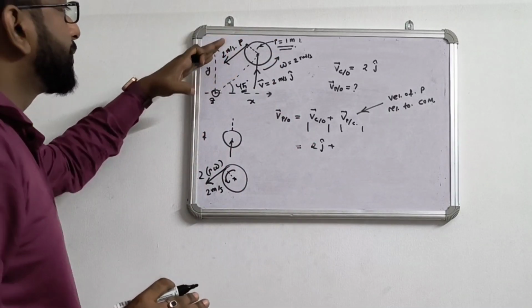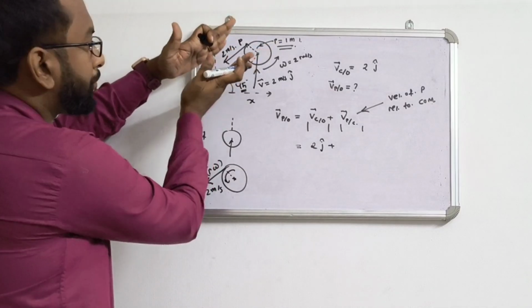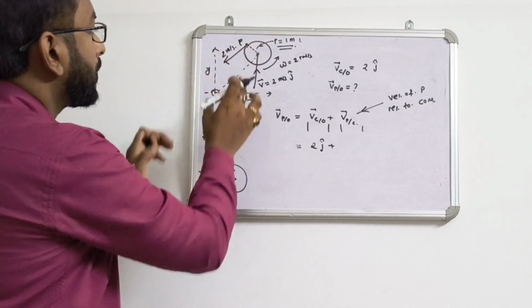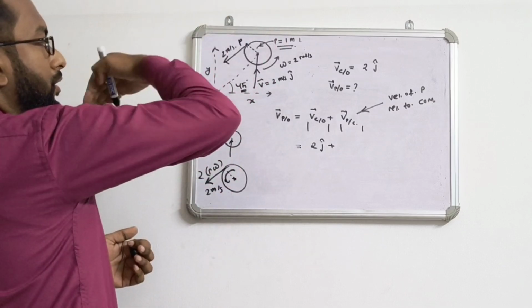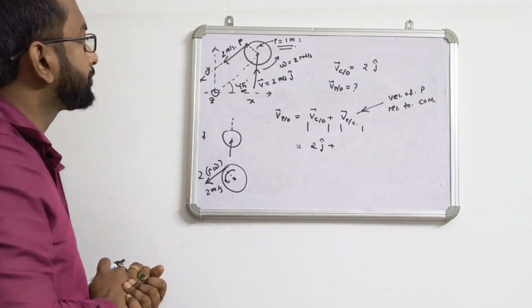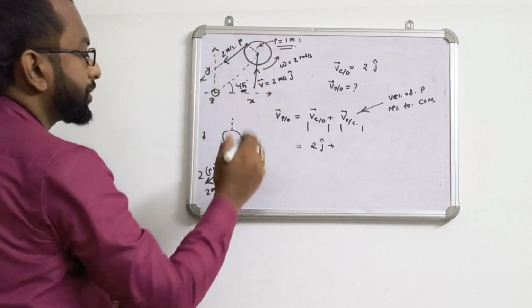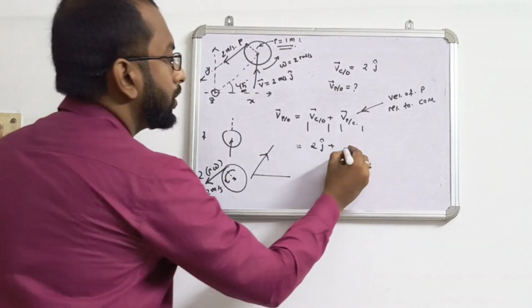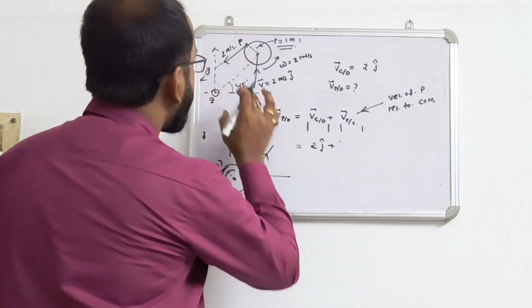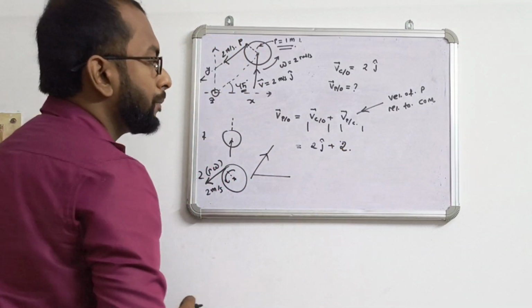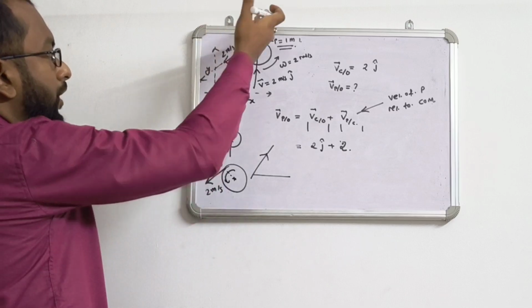Now see, this direction properly coincides with the direction of the 45-degree angle, but towards this side. So the magnitude of this vector is 2 meter per second, but I need to multiply with the unit vector in this direction.